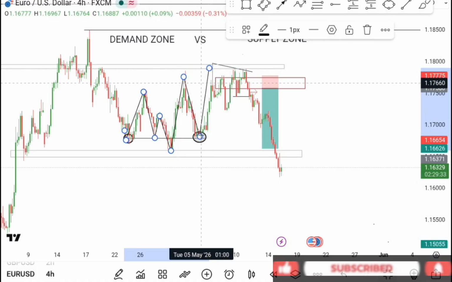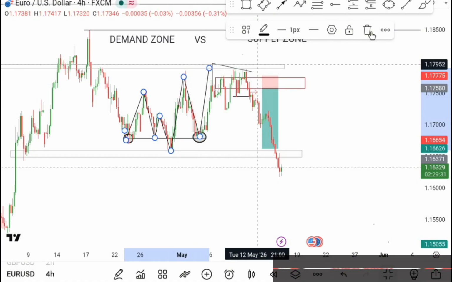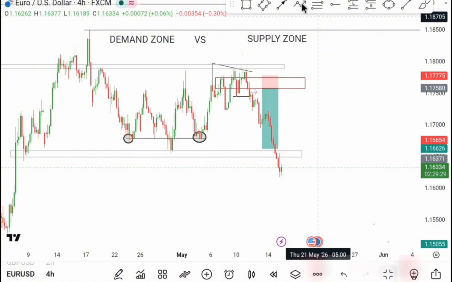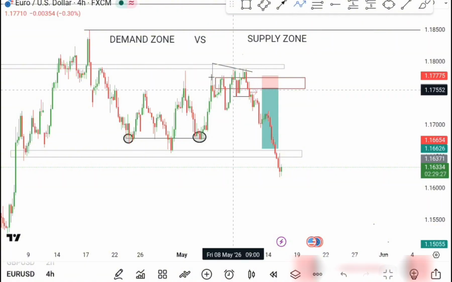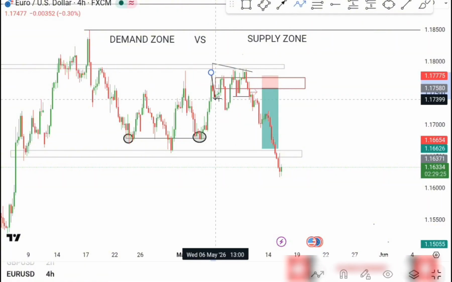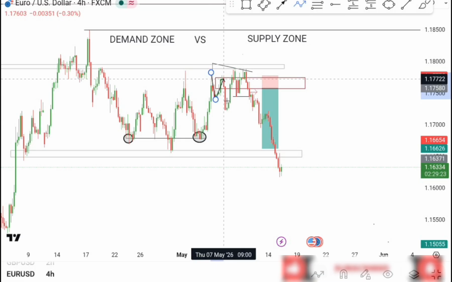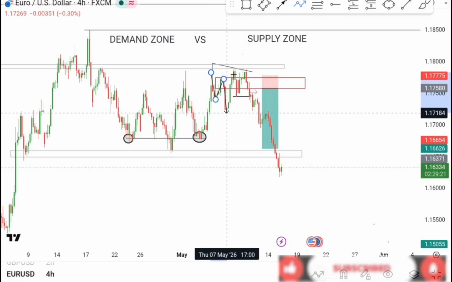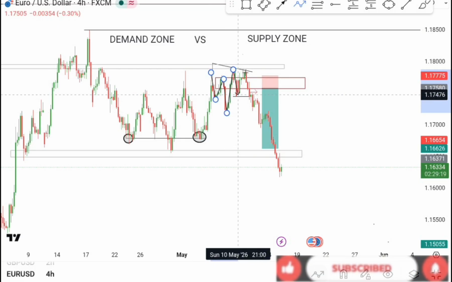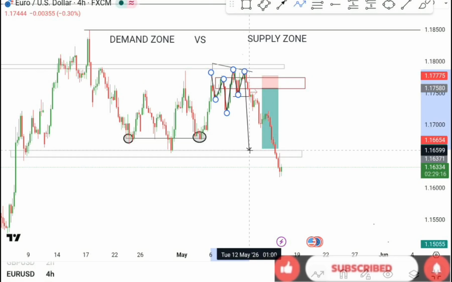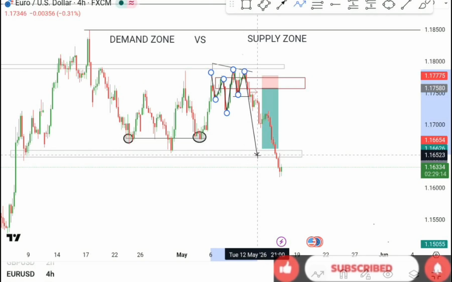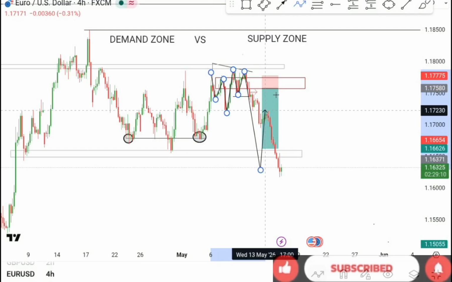A supply zone is the exact opposite. Price was rising, it consolidated briefly at the top, and then dropped sharply. That consolidation area at the top before the sharp drop is your supply zone. It is where institutions finish selling.